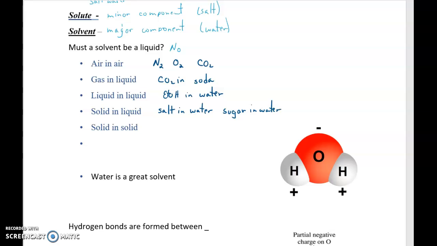You can also, somewhat surprisingly, have solids in solids. So zinc is dissolved in copper, and that makes brass. We also put carbon in iron to make steel.